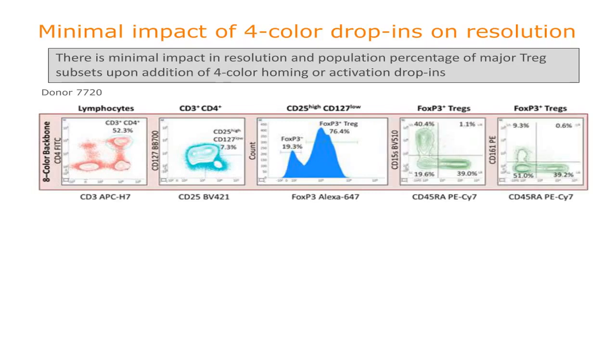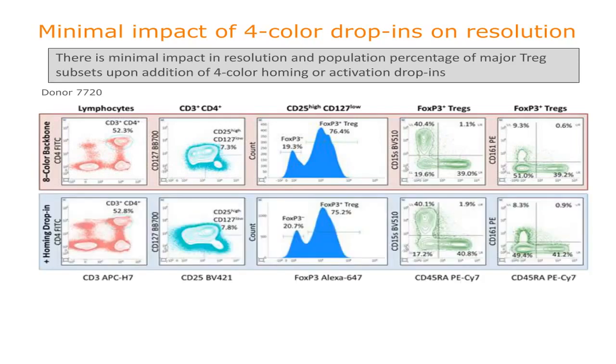From there, I can look at, within the FOXP3 positive T regulatory cells, my CD45RA and CD15S expression as well as CD161. And you can see that I get very nice resolution of all these populations. This is the backbone panel alone.